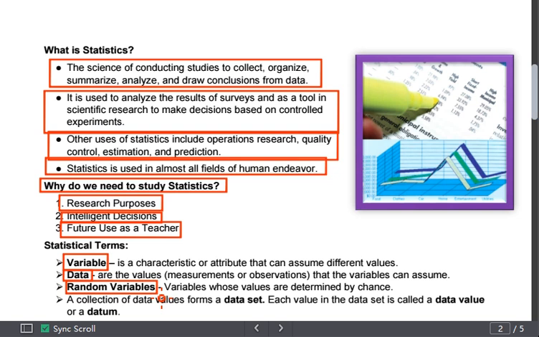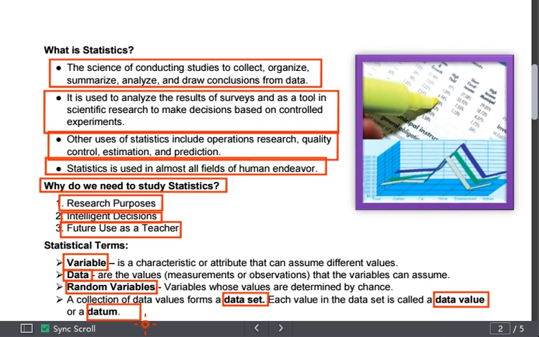Although there is no way to predict the specific motorcycle na ginawa nila that will be involved in an accident. So there's a big chance, okay? So there's a big chance na tatlo dun sa 100 ginawa nila ay possible na ma-involve sa accident. Okay? So next, a collection of data values forms a data set. So tinatawag na data set naman ang collection ng data values. And then each value in the data set is called a data value or datum.